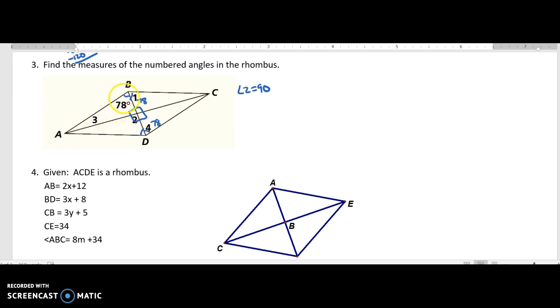So how do I find angle 3? Well, if I use this triangle here, what do all three of these angles in that yellow triangle have to add up to? 180. So angle 3 would be 180 minus that 90 degree angle minus that 78 degree angle, which would be 12 degrees. So angle 1 is 78, angle 2 is 90, 3 is 12, 4 is 78.